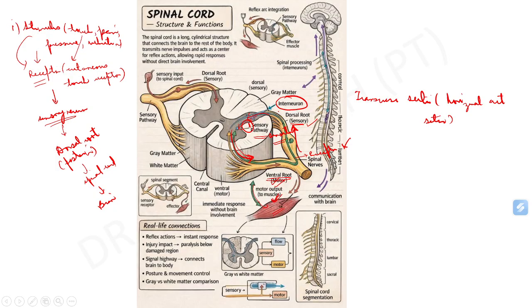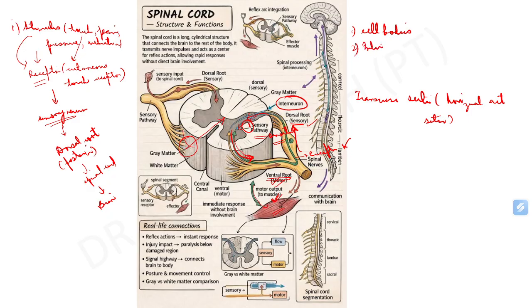Then coming to the second part, the gray matter. Now this is the gray matter of your spinal cord. The outer portion is the gray matter. So this particular gray matter is located centrally, is butterfly shaped as I told before, and it contains firstly cell bodies of the neurons, as previously discussed.